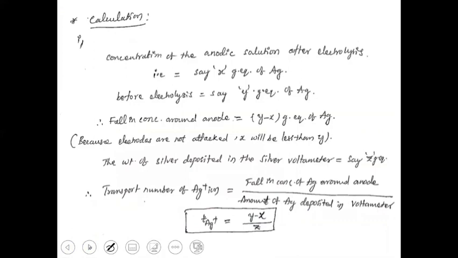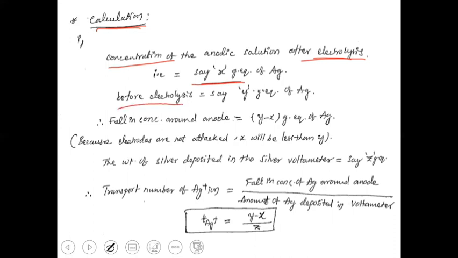After that, how can you calculate the transport number of Ag plus? Say X gram equivalent of silver is present in the anodic solution after the electrolysis.